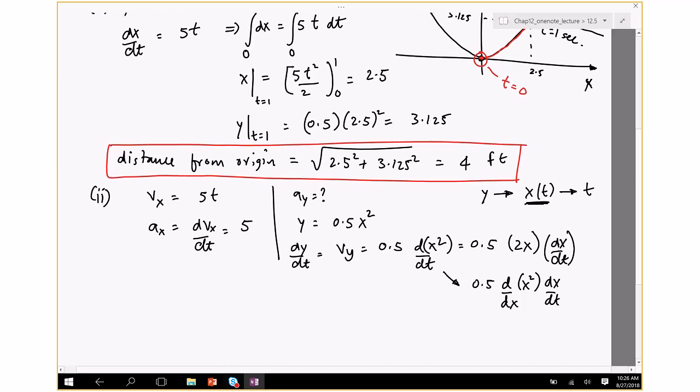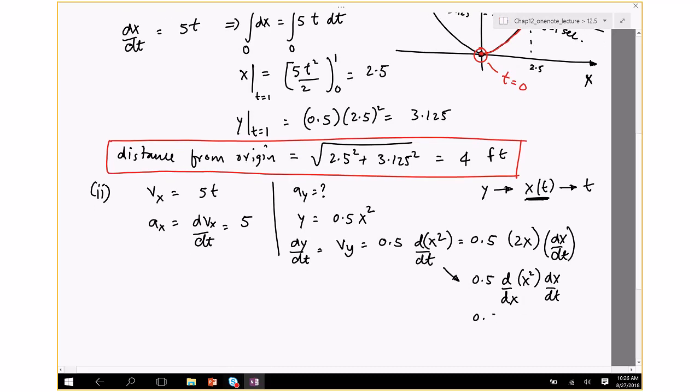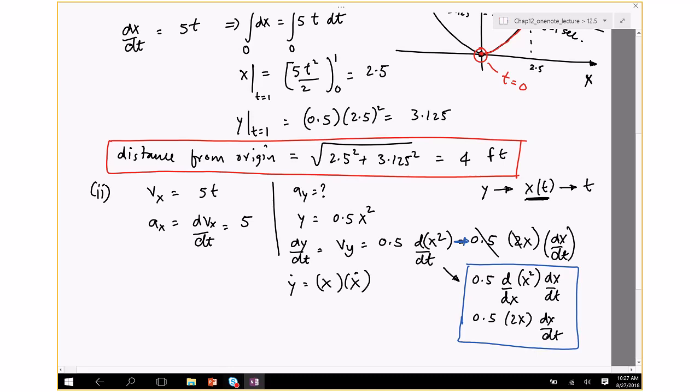So it'll give me the same thing, 0.5 times 2x times dx dt. This is another way of thinking about the same thing. Here's one way, and that's the other way, but you get the same answer. Okay, so we got y dot equals, this cancels off, so x times x dot. Dx dt is x dot.